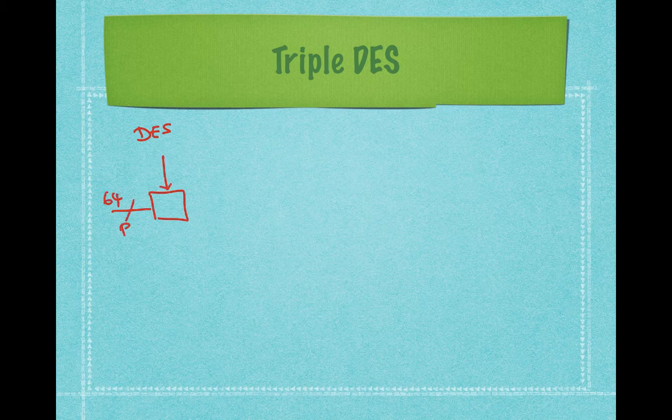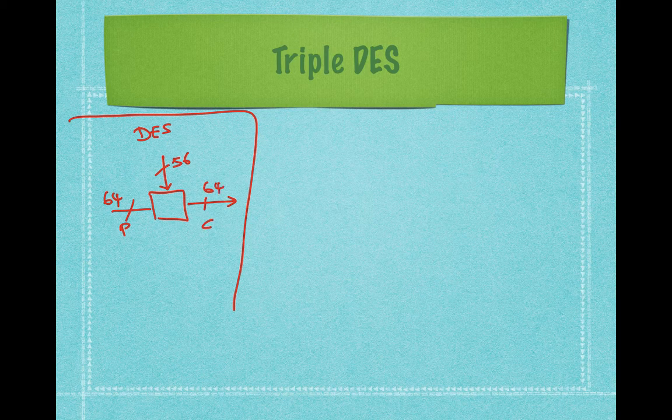The key is going to be 56 bits. Let us first finish the DES discussion before we jump to triple DES. The output, your ciphertext, is also going to be 64 bits.